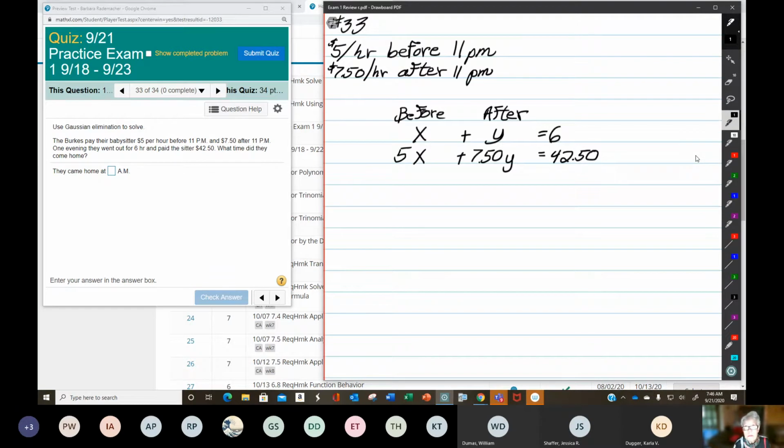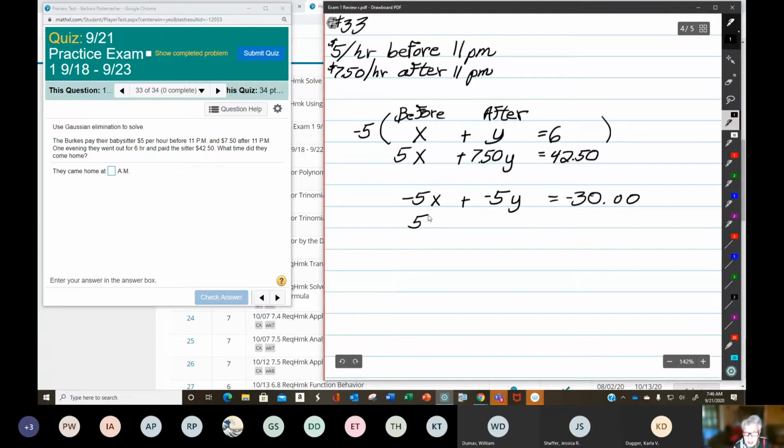Personally, I wouldn't, but let's do it. No, I'm not gonna, not when it's just a 2x3, you don't have to. I'm going to take the whole first line and multiply it by -5. What that's going to get me is -5x plus -5y equals -30. Meanwhile, I'm not going to do anything to the bottom line.